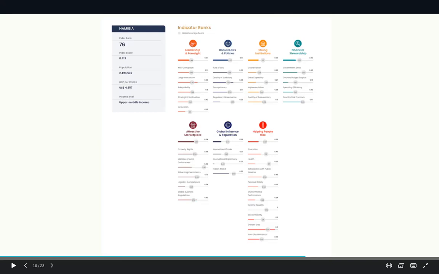And here in the indicator ranks, I found it really interesting. That's why I included this table, because we can see how Namibia performs in different political and economic aspects compared to the global average. So we can see where Namibia is performing outstandingly and where Namibia should improve in order to catch up with the global average score.